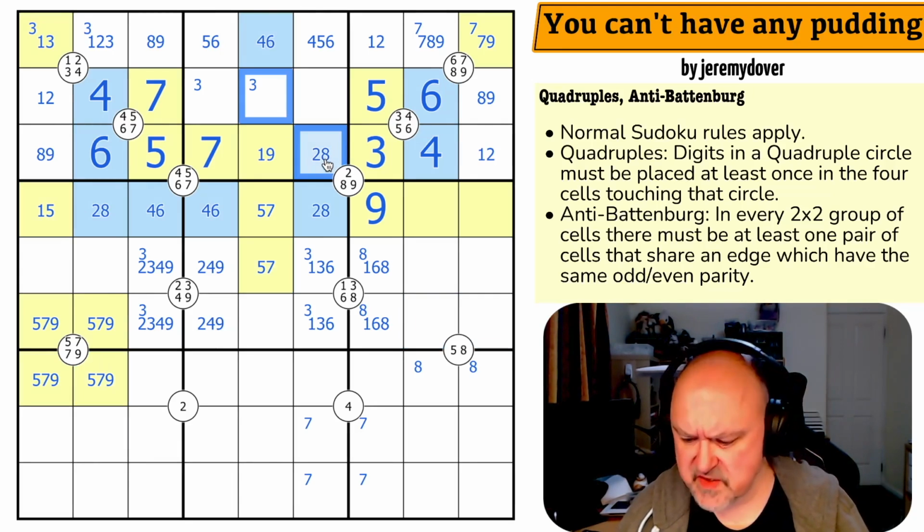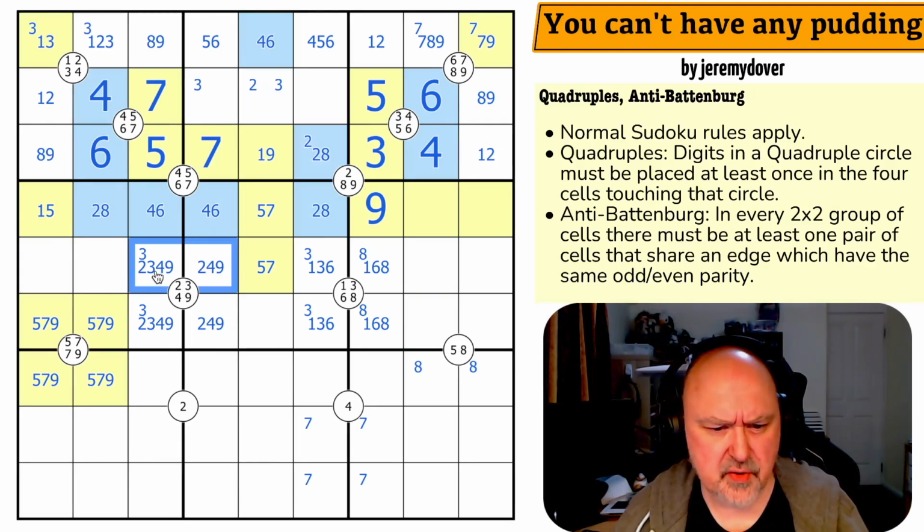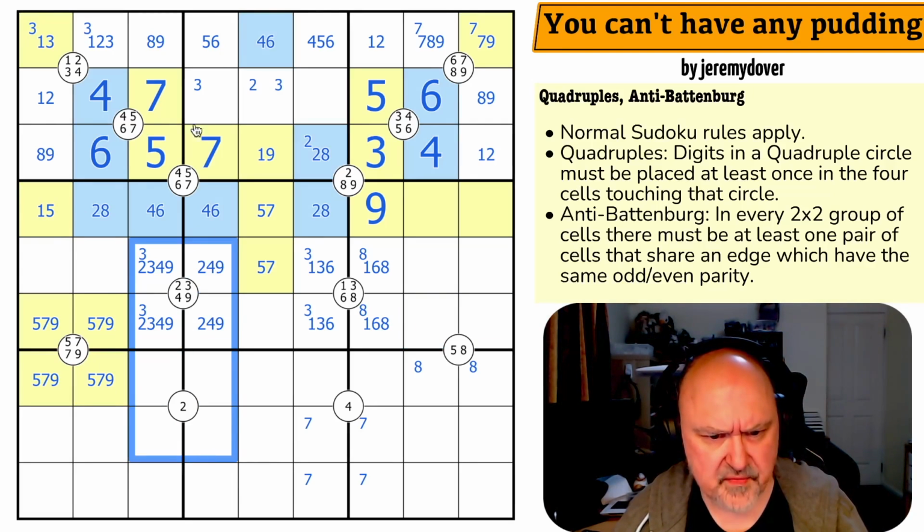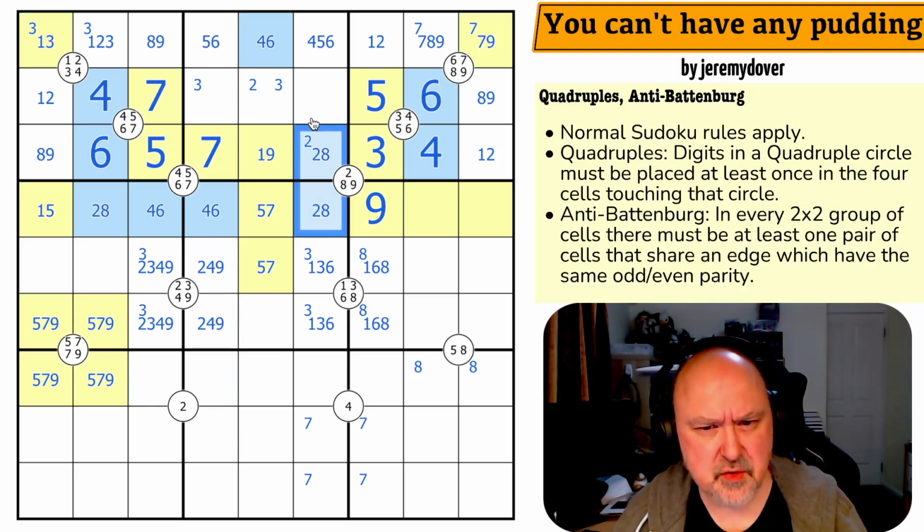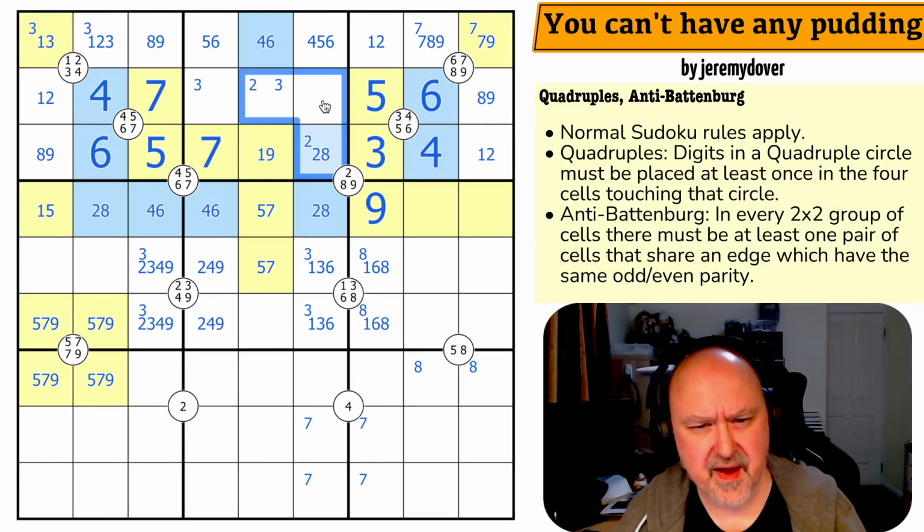Interestingly enough, 2 is in one of those two cells because the two 2's here are knocking 2 out of all of those. And the fact that this is a 2-8 pair is knocking 2 out of those. So 2 is in one of those two. If that's a 2, that would be even, and that would also have to be even, because it couldn't be odd.